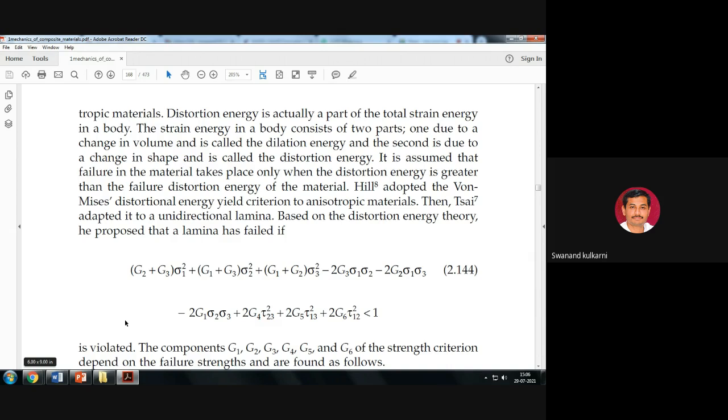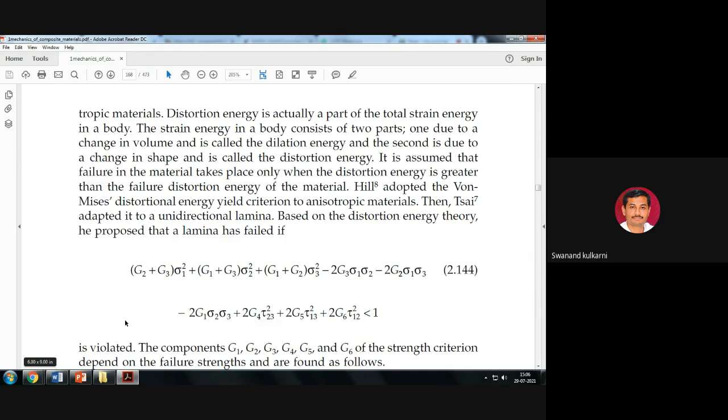Now it is assumed that failure in the material takes place only when distortion energy is greater than failure distortion energy. Is it okay? Distortion, this particular word we are using in reference to shape. The shape is changing, but for each and every material it is assumed that there is a specific energy possessed by that body. Due to application of load, some amount of change in shape happens, and that is counted.